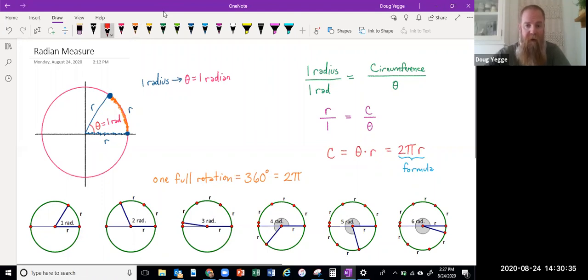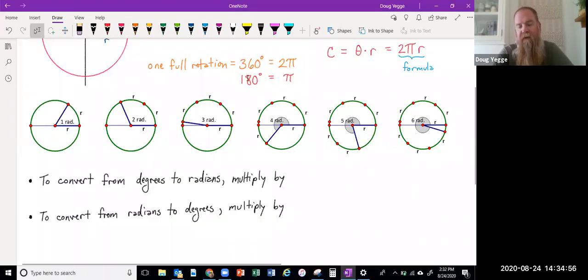So more importantly, we can see that 180 degrees is the same as pi radians. So now we're going to be able to describe angles within a rotation, not in terms of these large numbers called degrees, but instead we can put them in terms of much smaller values, 1, 2, 3, 4, 5, 6, and so on. Or sometimes we could put radian measures in terms of pi.